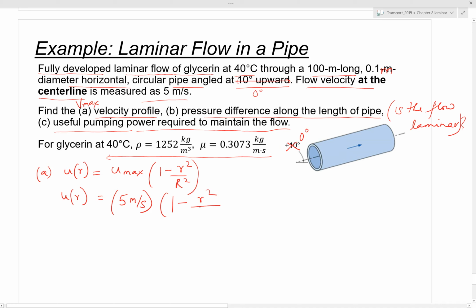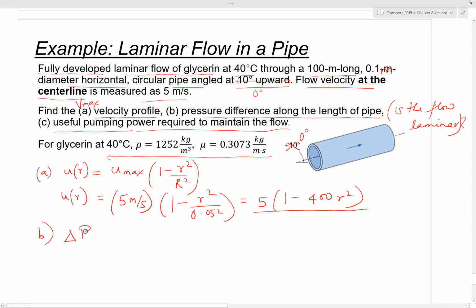So diameter is 0.1, so this is equal to 1 minus 400 r squared. Okay, so this is the expression for U of r.